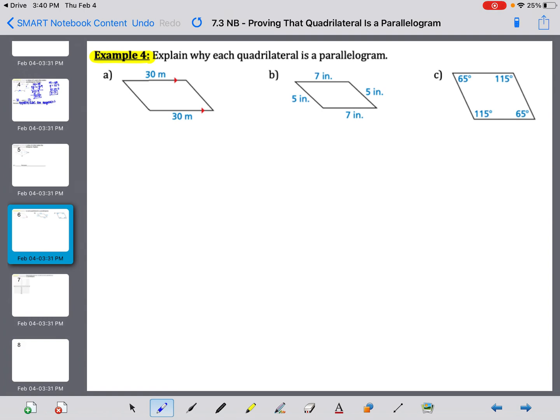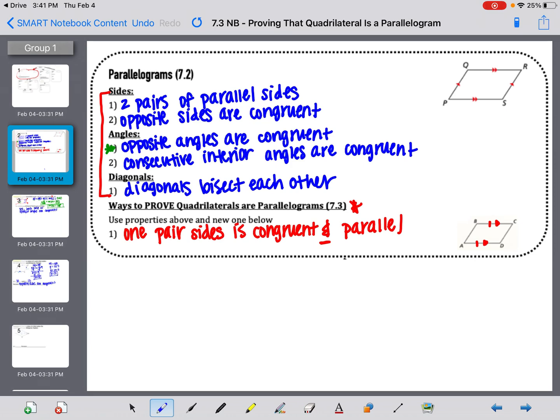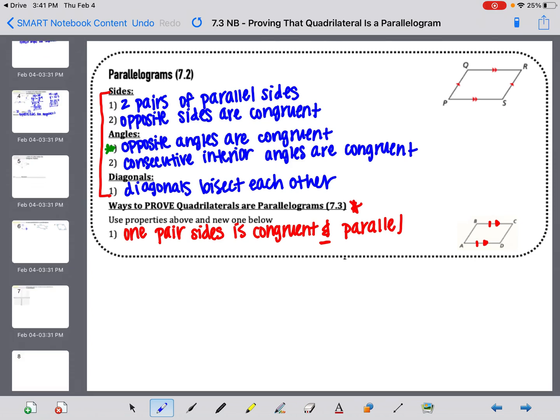All right, let's first look at example A here. I see I have 30 meters and 30 meters. That means the lengths are the same. I can put tick marks to show that they're congruent. And I have that triangle, which shows that those sides are parallel. So now I just have one pair of opposite sides that is congruent and parallel. And sure enough, that is a way that we wrote down to prove that a quadrilateral is a parallelogram.